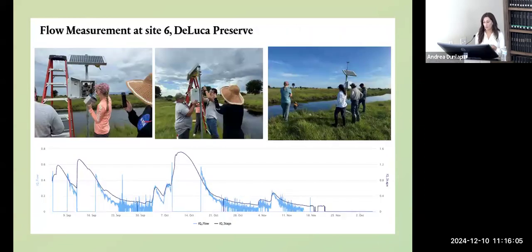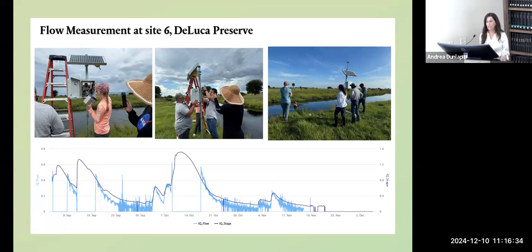On site 6, we started to get the flow data at the beginning of September. And this is a plot from our flow meter that I'm sharing here with you. If you look at the stage, we can see we have captured all the hurricanes, including Hurricane Helene.